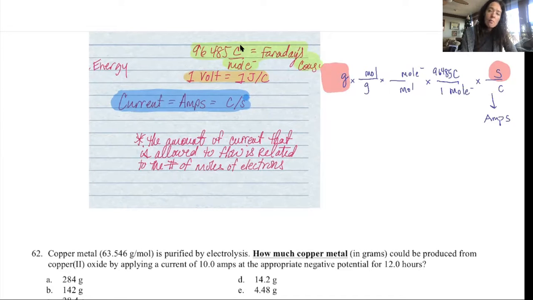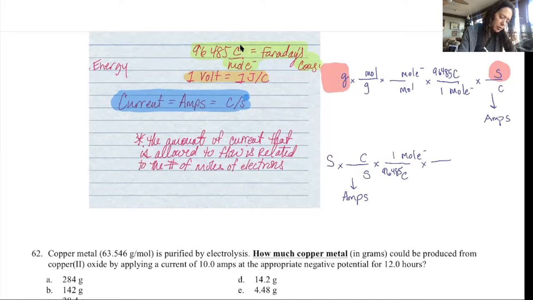Or it could be the other way around. You could be given a time, and you will then be given your amps, right? That's your amps. You could then turn your coulombs to moles of electrons using Faraday's constant. You could then turn your moles of electrons into moles of the metal.